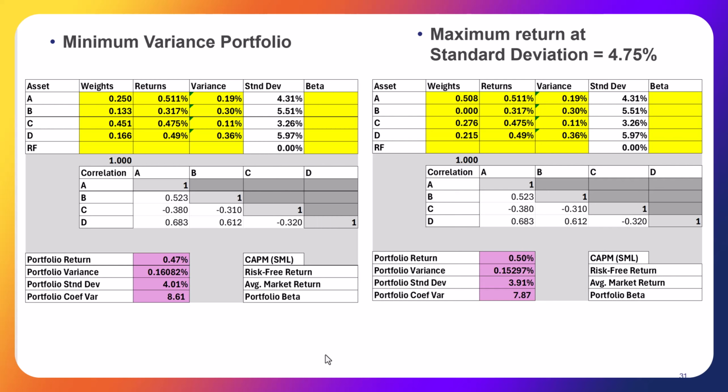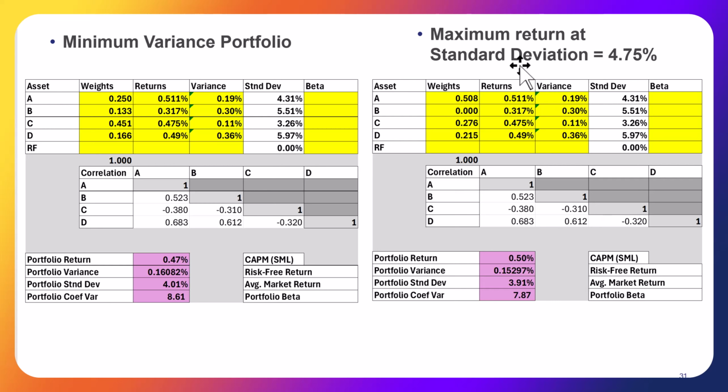Now the next thing I want to do, now that I know this minimum variance portfolio, is find other points on this efficient portfolio. I want to find the maximum return that I can get at various standard deviations. And of course, these standard deviations have to be greater than the portfolio standard deviation.